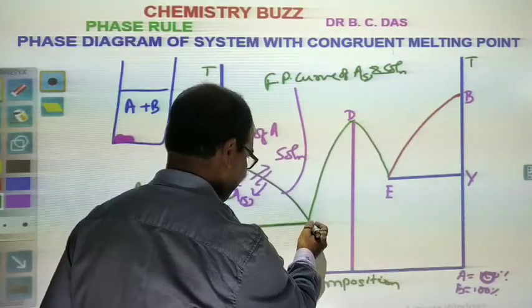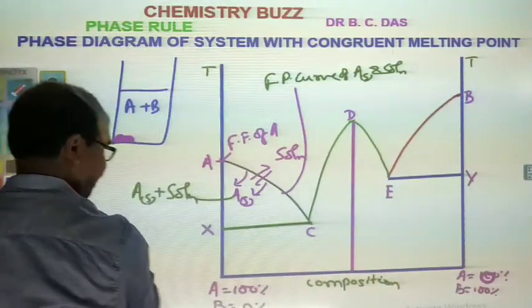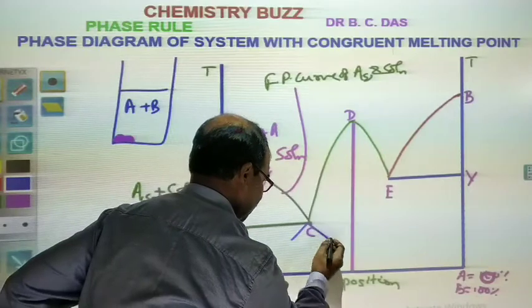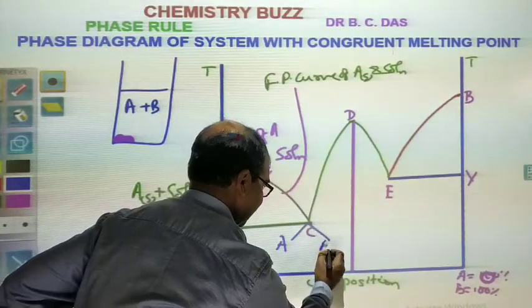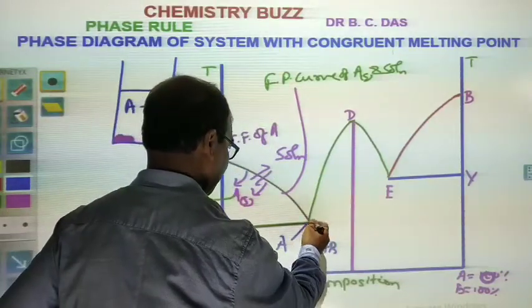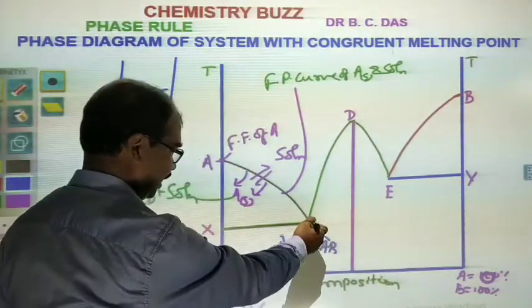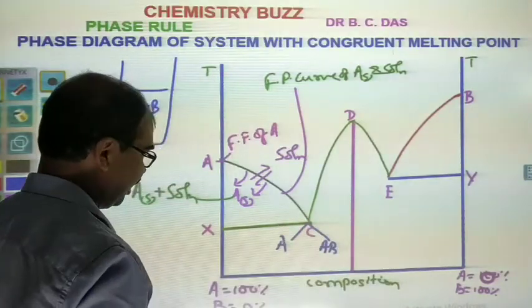And this point is your eutectic, where you get two solids, that is solid A and AB. So this point is a triple point, and this is the eutectic, and this is also the invariant point.